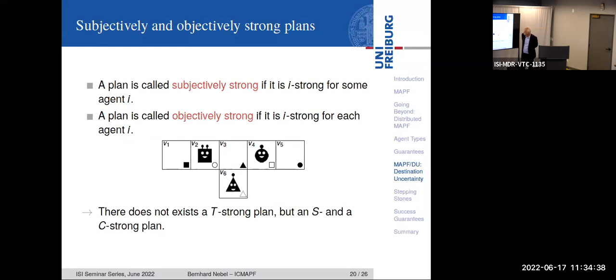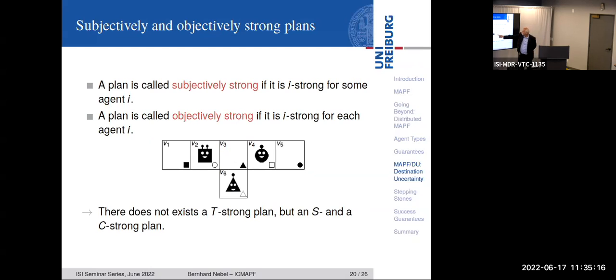An S-strong plan. What can S form as a plan so that the plan is all successful? Very easy. S moves to V1 and then does the shutdown action, saying, I'm at my final destination. Now we have the triangle and the circular agent left. The triangle agent knows that when he goes down, he might block the destination V2, right?